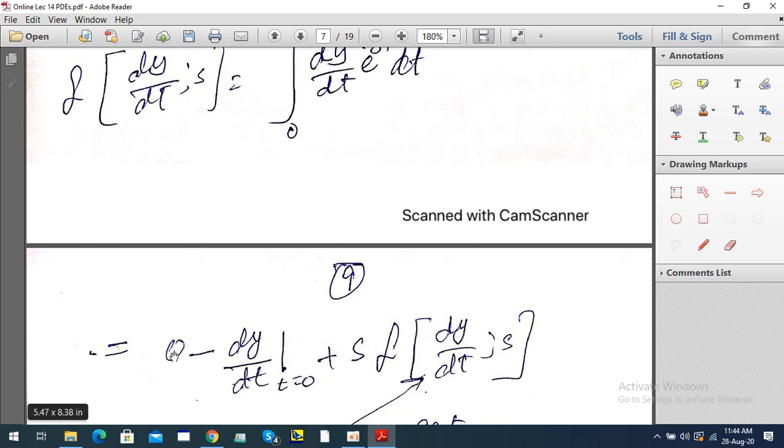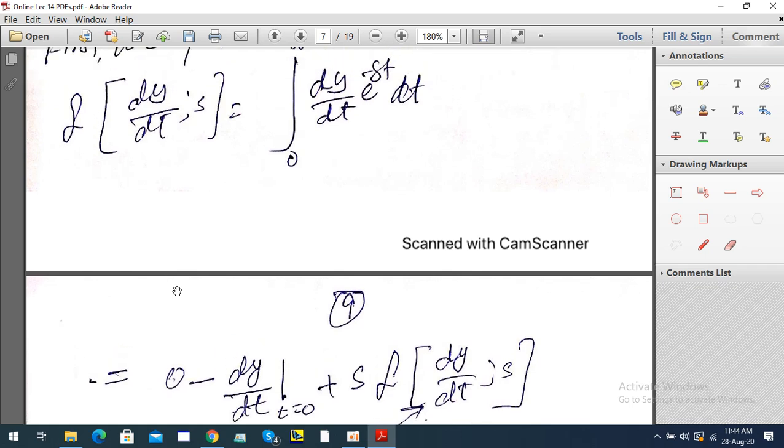So at t is equal to infinity, the result is 0. At t is equal to infinity, the result is 0, and at the lower limit, when you put t equal to 0, e power 0 will be 1, and dy by dt is evaluated at t is equal to 0.